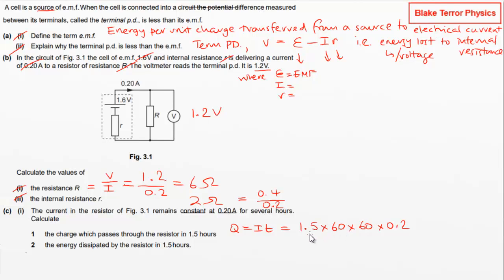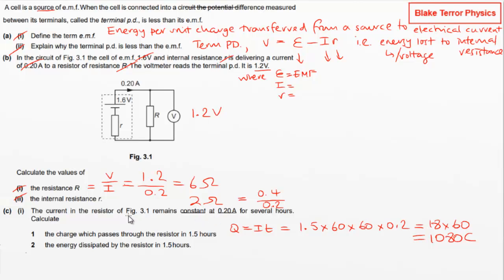So 0.2 times 1.5 times 60 is going to give us 18, isn't it? So we've got 18 times 60, which is 600 plus 480, so 1080 coulombs.